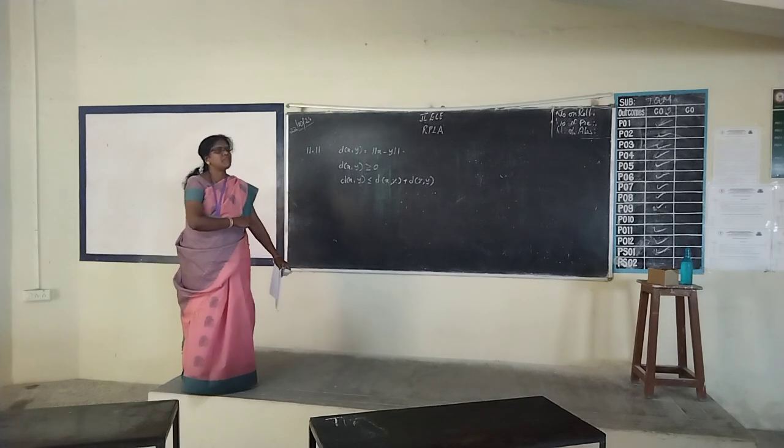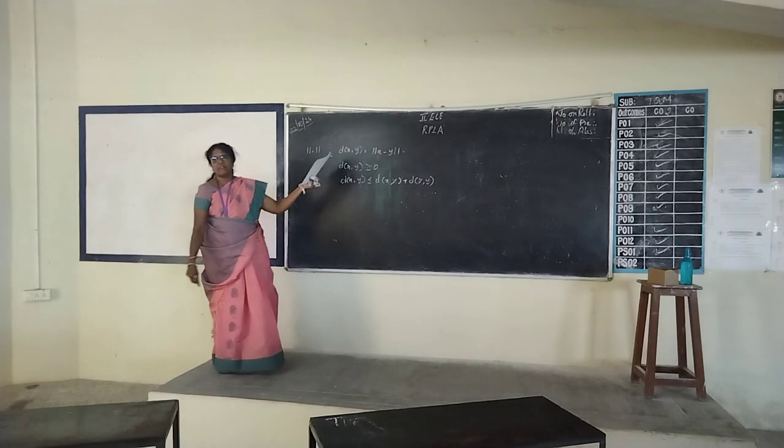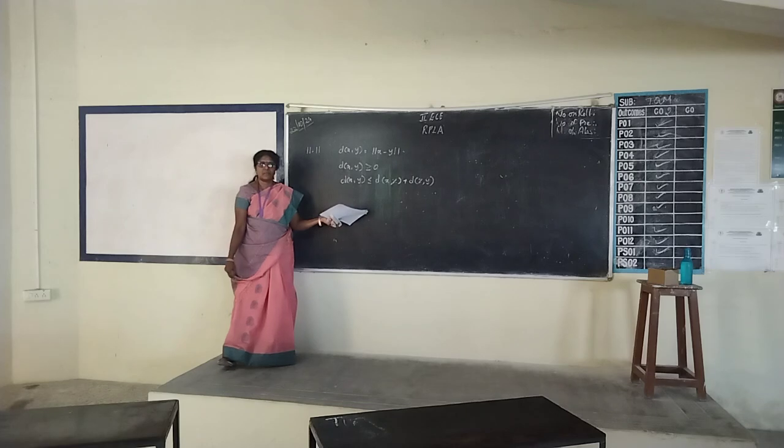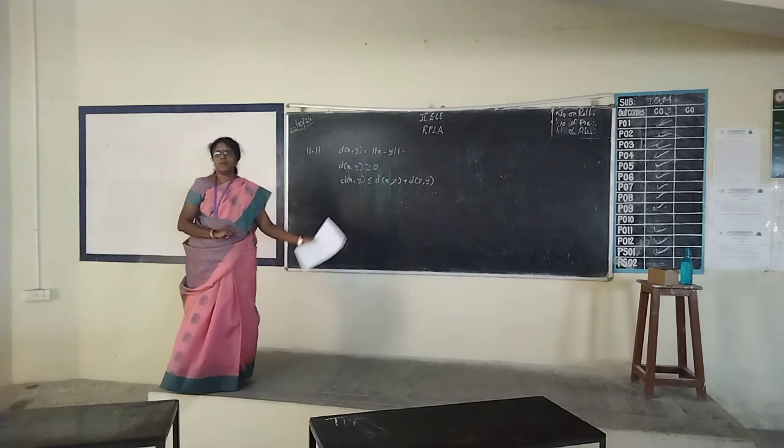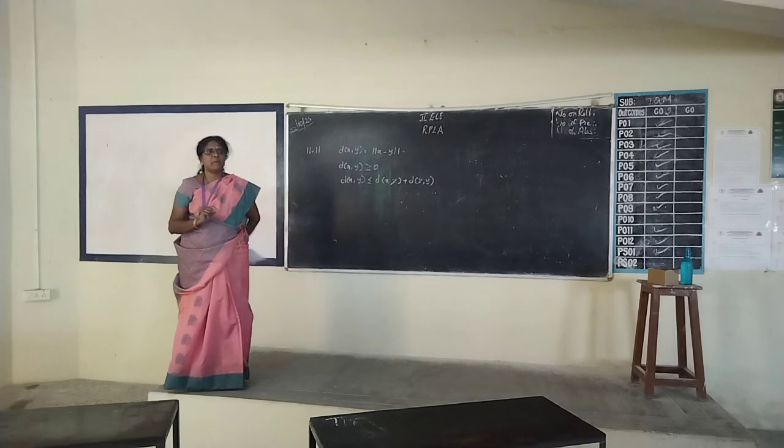So here is a slightly different problem. Based on the given definition, you have to prove these two cases. How are we defining d of x comma y? It is defined as norm of x minus y.